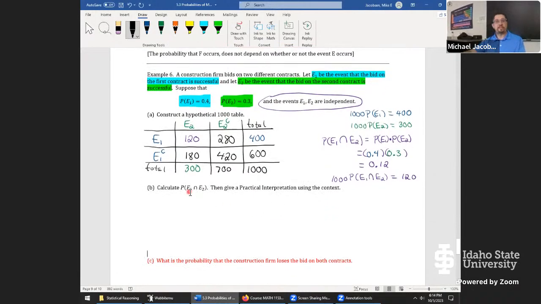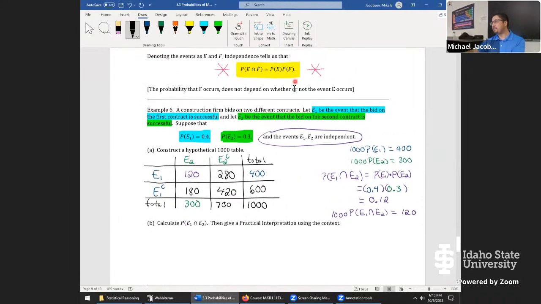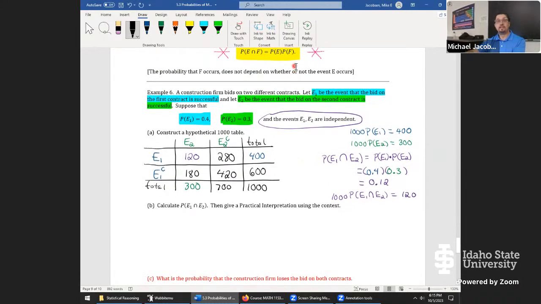So part B still is an interesting question. Probability of E1 intersect E2. Here's the reason it's kind of silly. We already did it, right? It's right here, 0.12. We did it by using the formula that's up here in yellow, but because we have the hypothetical table that's down there, how about we just try it again? So probability E1 intersect E2.